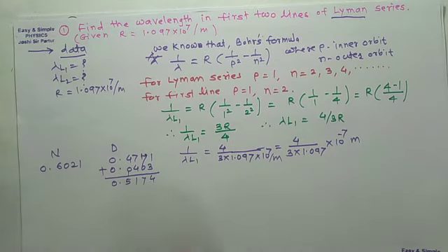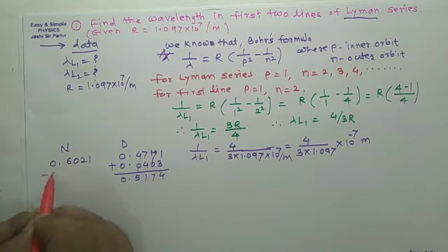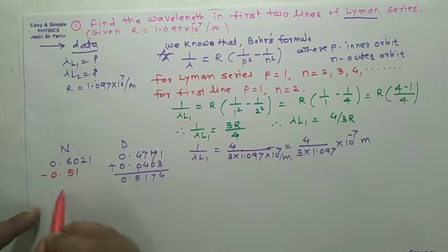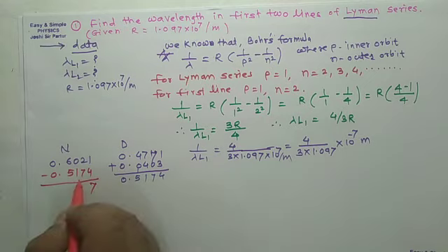If we subtract here, what happens? Minus 0.5174. In 11, 4 is subtracted, 7 is remaining. From 12, 8 is subtracted, 4 is remaining. From 10, 2 is subtracted, 8 is remaining. From 6, 6 is subtracted, 0 is remaining.